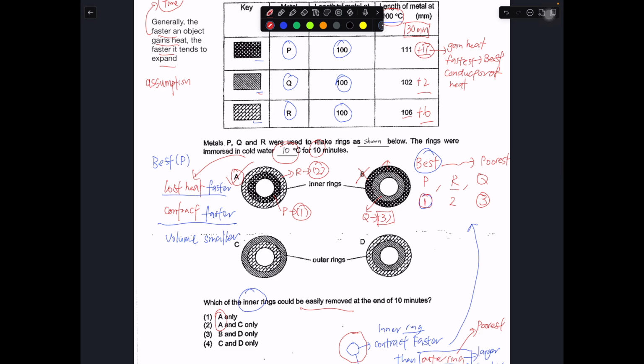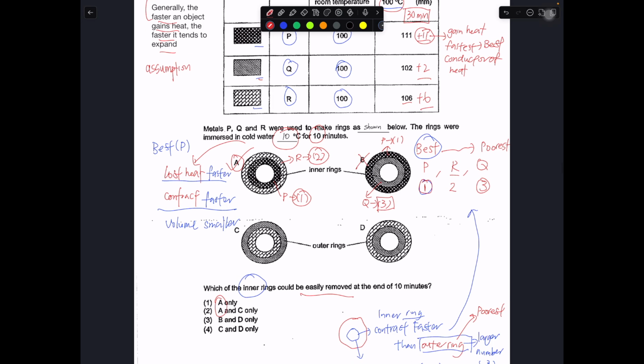P will be 1. It is impossible because P will contract faster and the inner ring will contract slower, so it will become tighter.